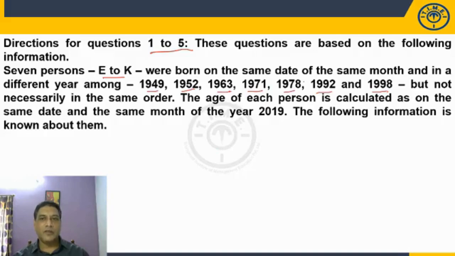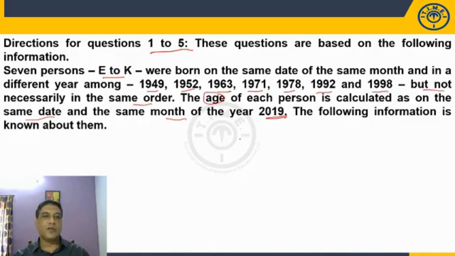They were born on the same date of the same month and in a different year, but not necessarily in the same month. The age of each person is calculated as on the same date and the same month of the year 2019. So now we have to calculate the age as of 2019.